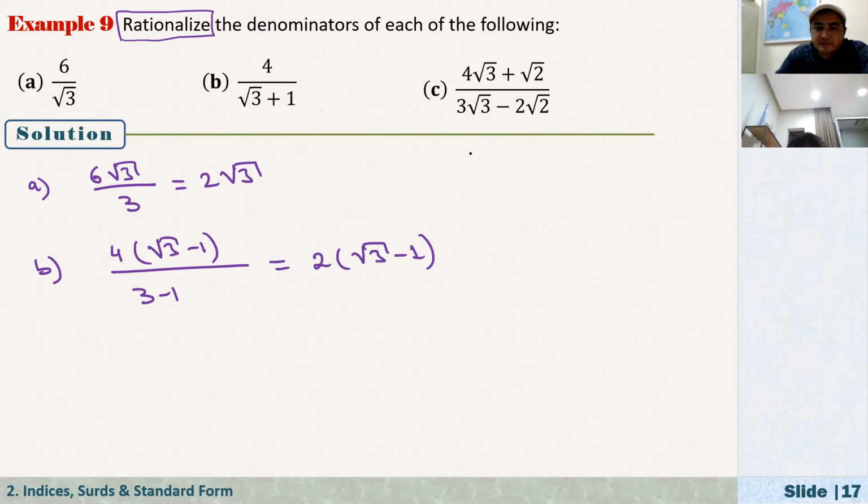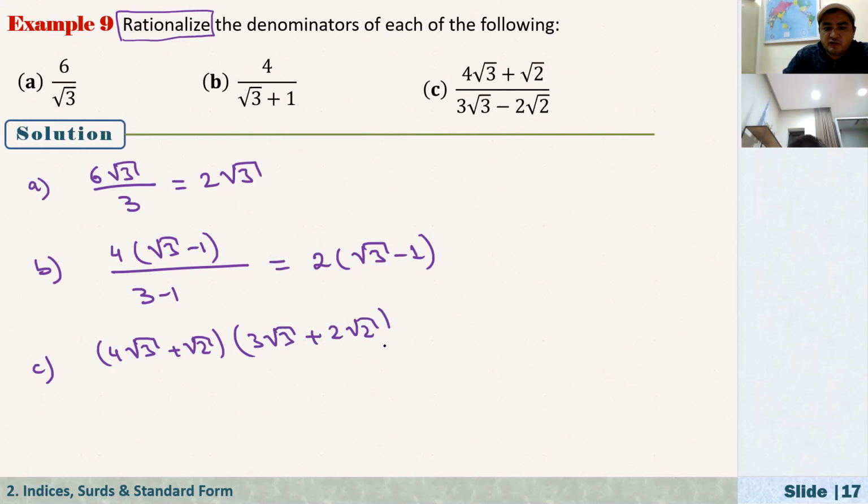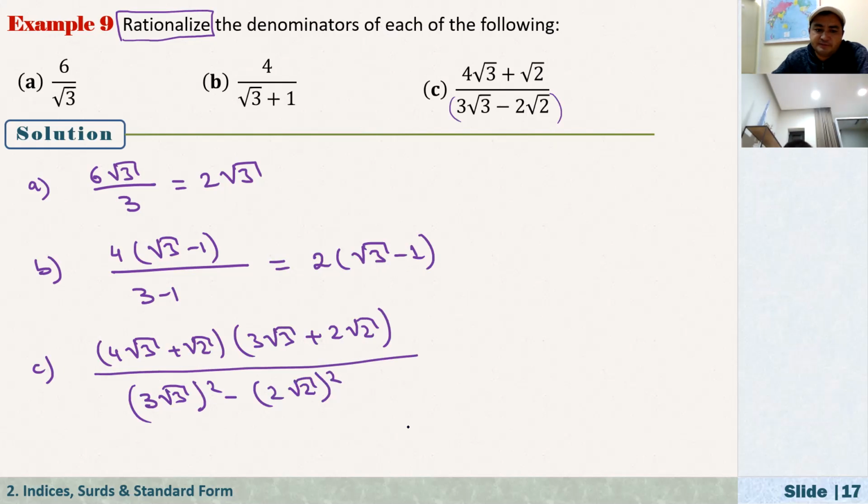And how about C? Also, we should multiply by its conjugate. So here we have 4 times square root of 3 plus square root of 2. And here we have 3 square root of 3 plus 2 times square root of 2. In the denominator, I don't have to write this because it is a difference and its conjugate. So here we have 3 square root of 3 squared minus 2 square root of 2 squared.